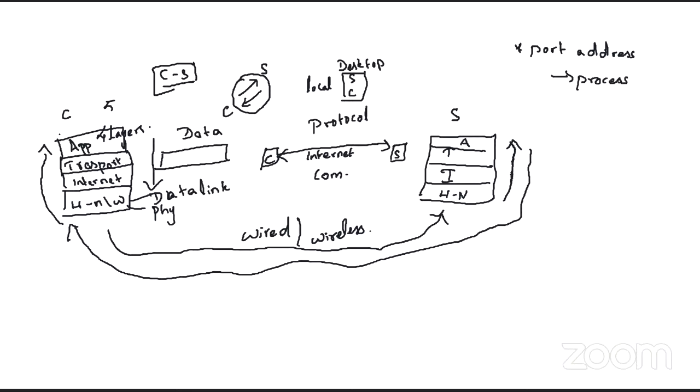So the application process running on the client side has to communicate with the same application running on the server side. For that we are using the port address, which you will use in the forthcoming classes, and it will be the same for the client and server to communicate.